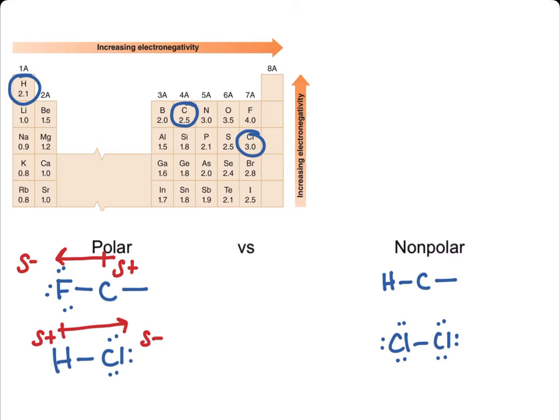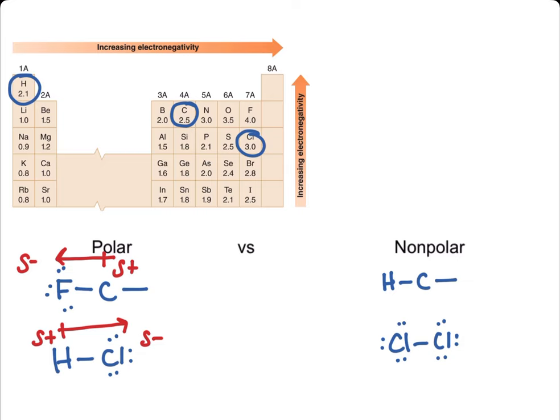Chlorine has an electronegative value of 3.0, and the other chlorine has an electronegative value of 3.0. So the difference, 3.0 minus 3.0, is 0. That tells us that chlorine is sharing its electrons with chlorine. There isn't a tug or an attraction for those electrons unequally. They're both sharing equally.